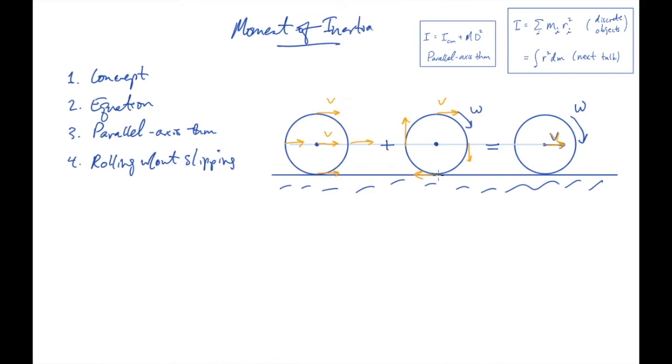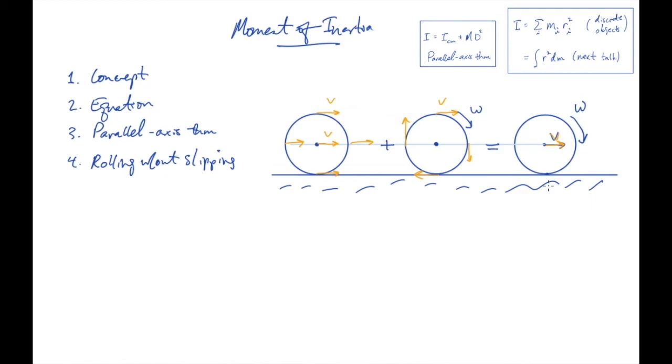From the rotation without translating, the velocity is going the other way, so when we add those two vectors together, they will cancel. And this point right here is momentarily at rest. As the wheel rolls down the road without slipping, the point of contact with the surface is momentarily at rest.